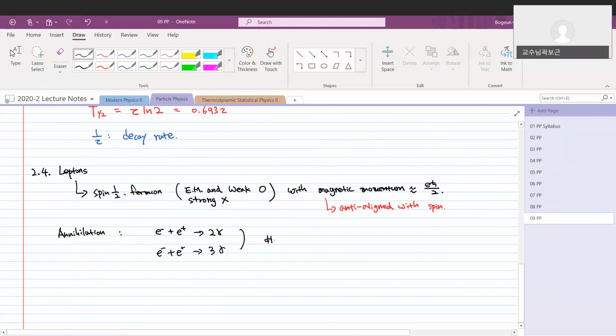In this case the number of gamma is always more than 2, according to energy and linear momentum conservation.